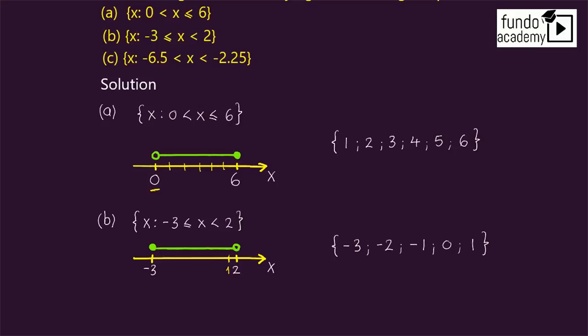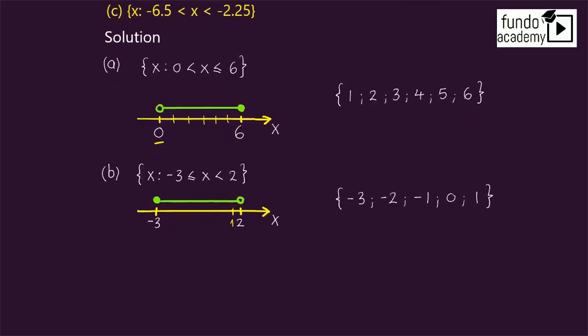Lastly, we can go on to part C. On part C, we have the inequality -6.5 is less than or equal to x, and x is less than or equal to -2.25. We want the integer values that are within this range. Okay, so let's just make a sketch of the graph.